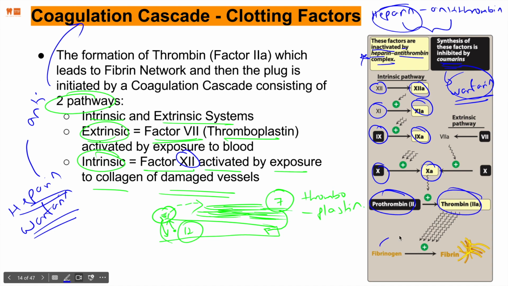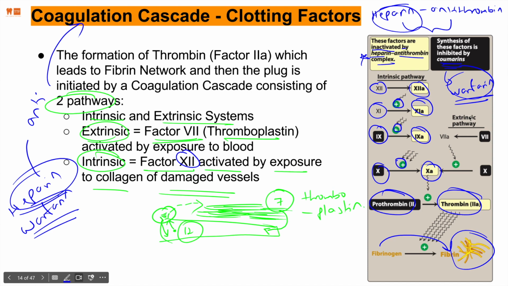Thrombin converted fibrinogen to fibrin. And voila, we have a clot. Perfect. That is during an injury. As soon as this activation process has begun, if you took heparin, then none of this will take place. Okay? And that's why it is an anticoagulant.